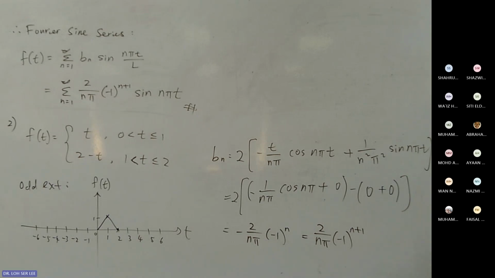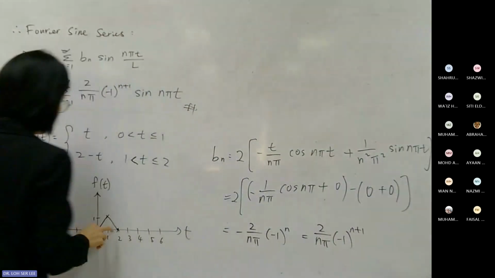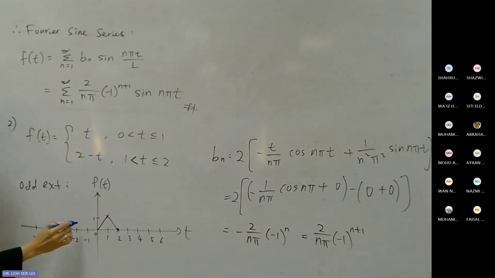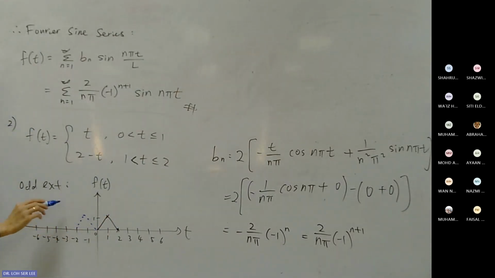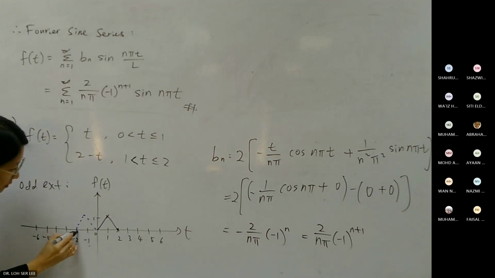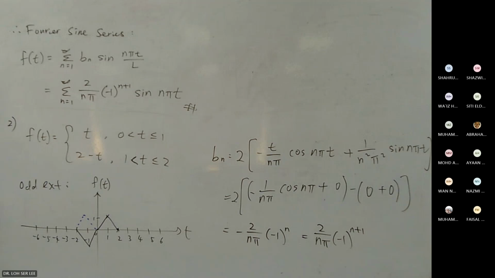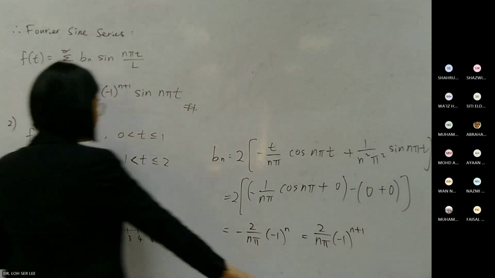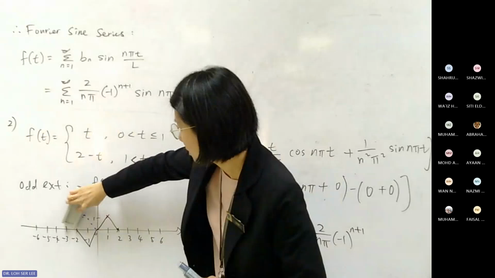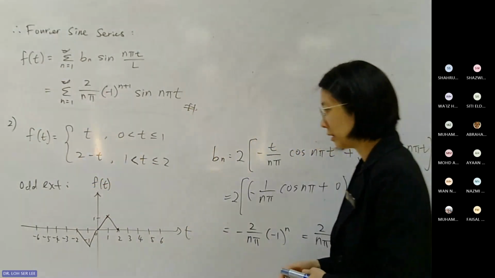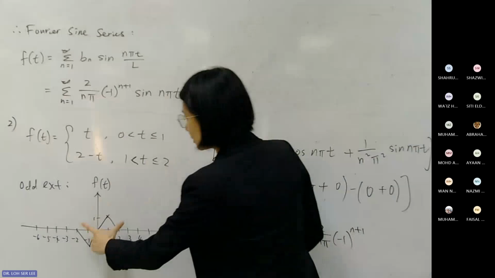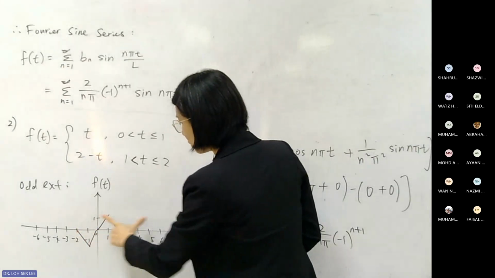For the odd extension, if you reflect this through the y-axis, suppose you get this, then reflect this through the x-axis. So this is the odd extension. Then copy and paste. Copy the segment in this interval and paste it here.